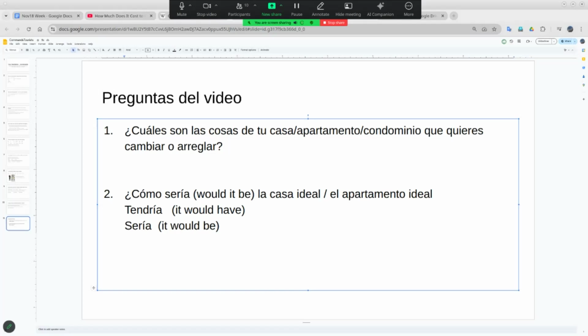Una vez yo tenía un horno doble y me gustó muchísimo. Excelente. Bueno, ¿qué más? Tendría muchas ventanas con hermosas vistas. Ah, excelente, sí, con hermosas vistas, with beautiful views, muy importante.